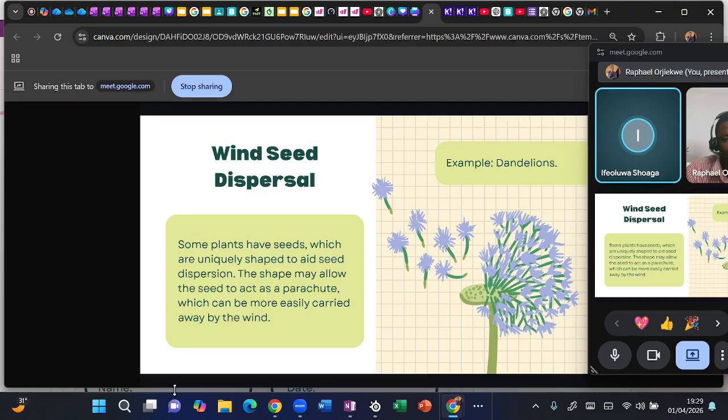No. Okay. They have those little seeds that, when you blow them, they fly away, and when they fly away, they go onto the ground, and that's when they grow.